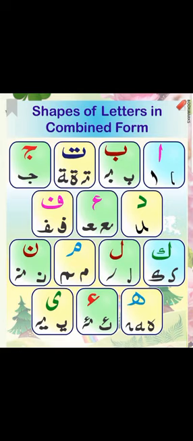See, noon is written below in two shapes. Always remember, dear students, that when there is one dot below, we will understand that this is ba. And if there is one dot above, we will understand that this is noon, in the combined forms.